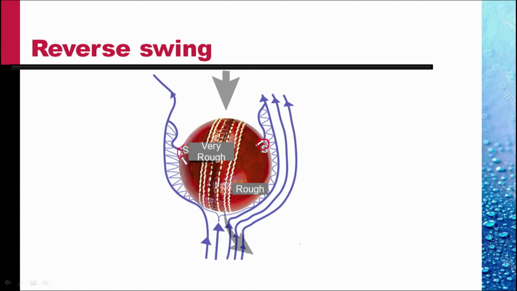There is a large skin friction, and because of which we get a side force that tends to move the ball in the opposite direction than you would expect from the orientation of the seam.